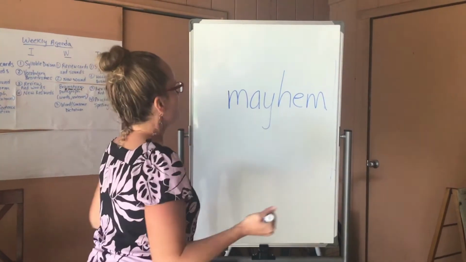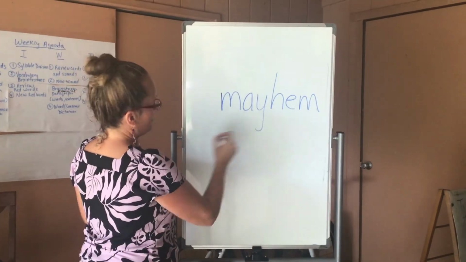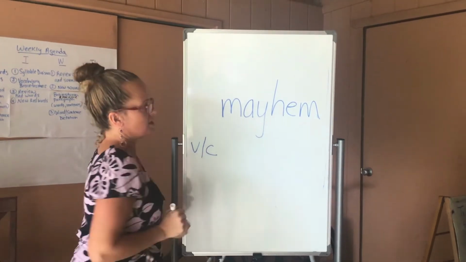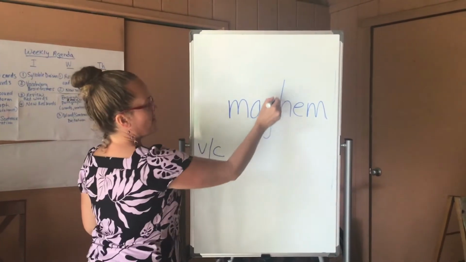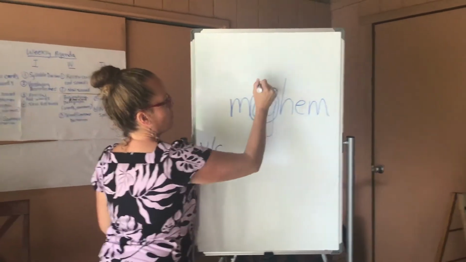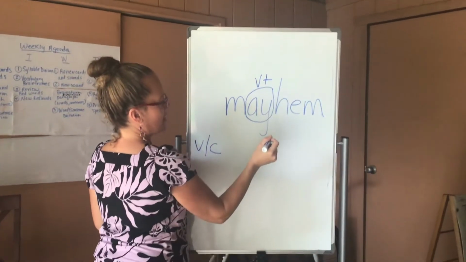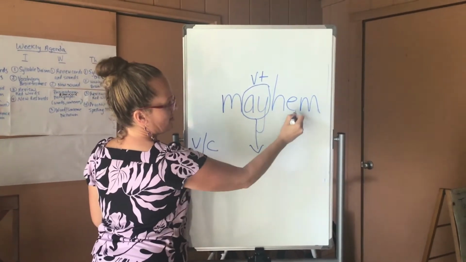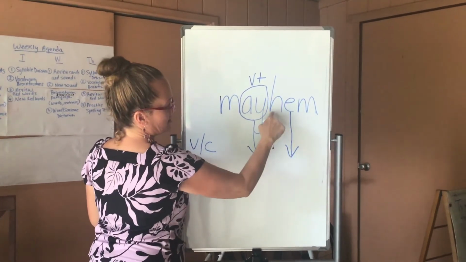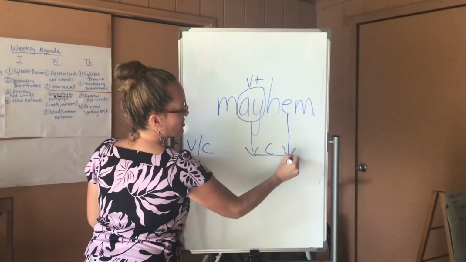Here we go. The first thing, this one is going to be a vowel / consonant. The first thing we're going to do is identify the vowel. This is the AY vowel team, so I'm going to put a VT, right? I'm going to go to the next vowel. I'm going to draw this line here like this. This is my consonant. There's my boat.